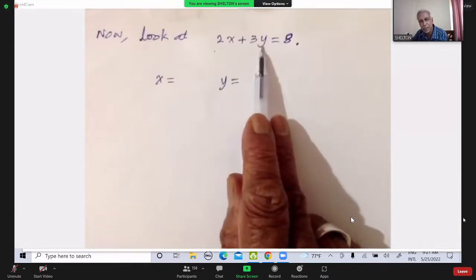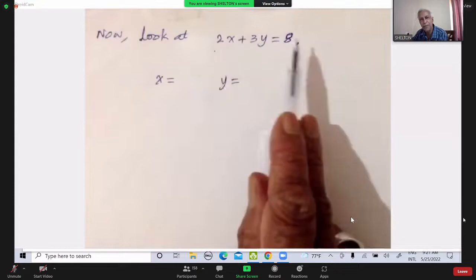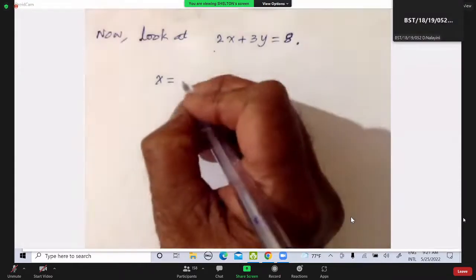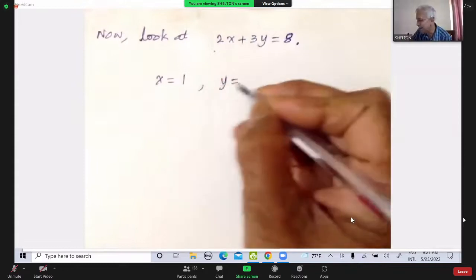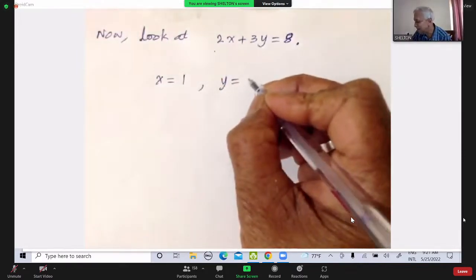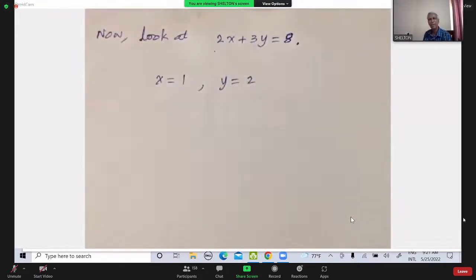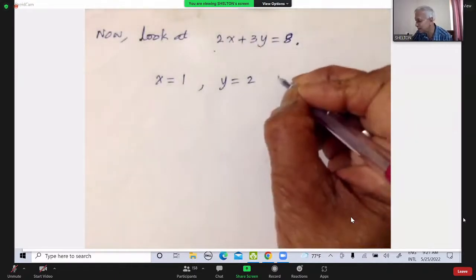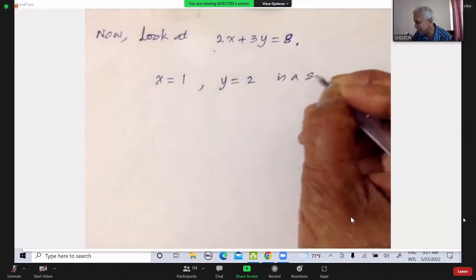When I put them in and simplify, you get 8. x equals 1, y equals 2. Substitute. So it must be a solution.